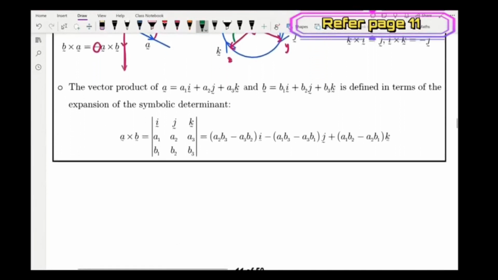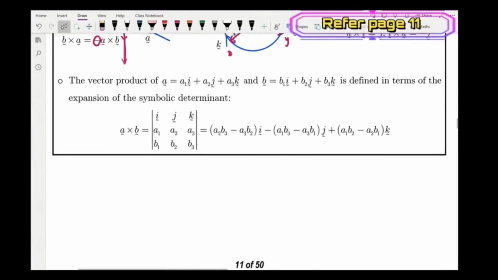Okey, next. How to calculate vector product by using determinant. Okay. Let's say we have A and B. So, kita nak cari tu boleh gunakan determinant of matrices. Macam matrices tu by using first row. Okay, by using first row.